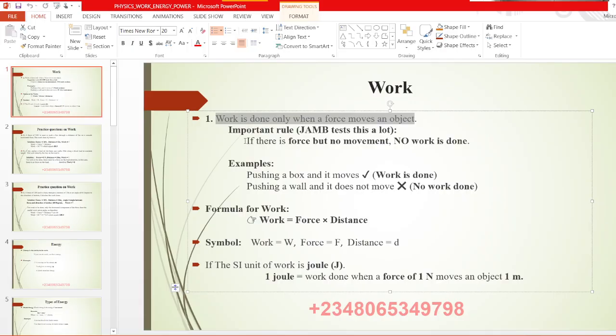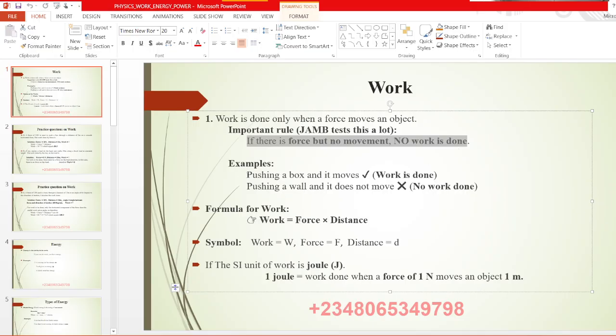An important rule you must know is that if there is no force, there cannot be movement, and no work can be done. So, for work to be done, there must be force, and this force must cause a movement. That's when work is done.